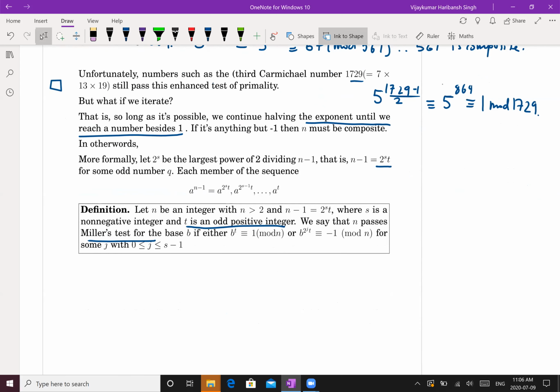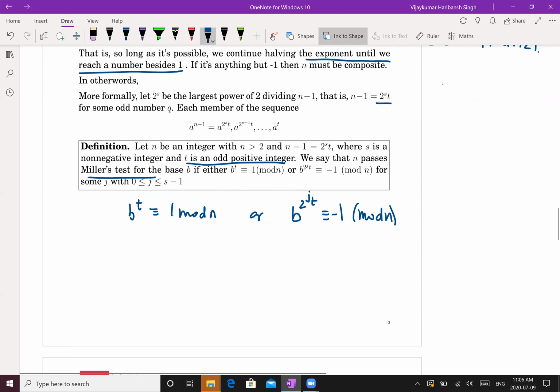Then either b to the t is congruent to 1 mod n, or when you're halving it, b to the power 2 to the j times t is congruent to minus 1 mod n for some j between 0 and s minus 1. Then we say that this passes the Miller's test. So this test is called Miller's test.